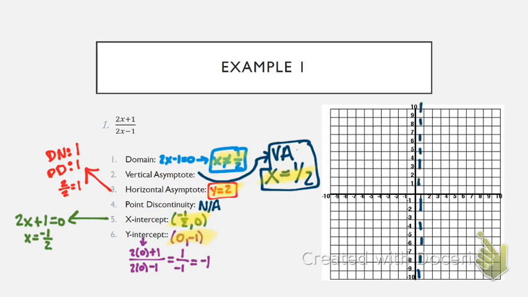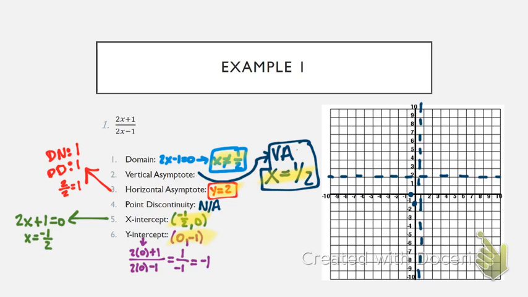I have a horizontal asymptote at y equals 2. I have an x-intercept at negative 1/2, 0, right there. I have a y-intercept at 0, negative 1. And I don't have a hole.